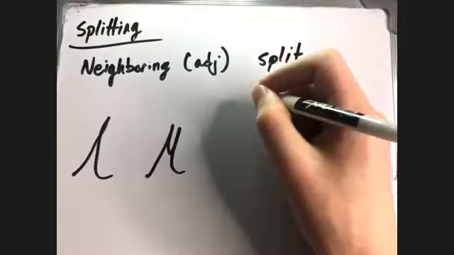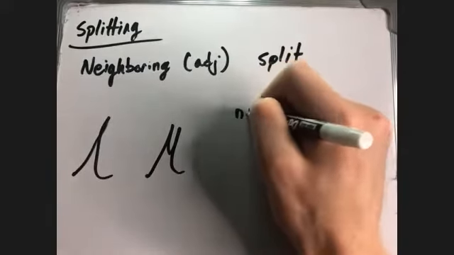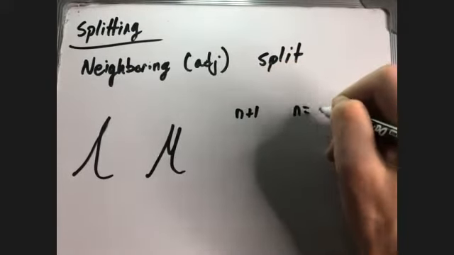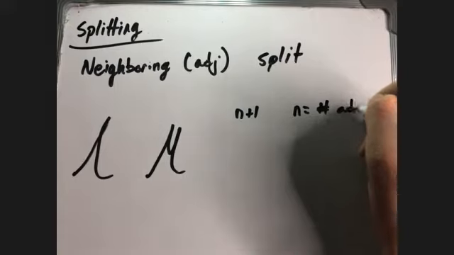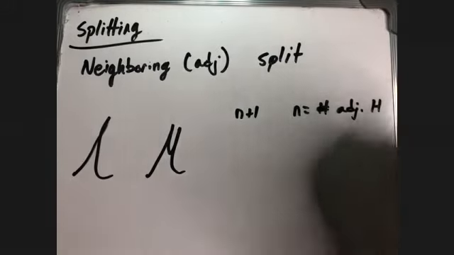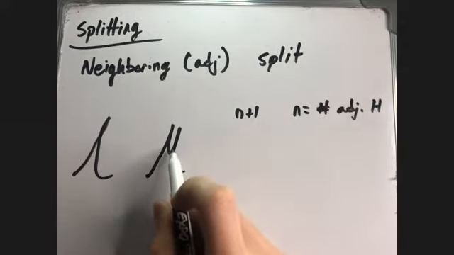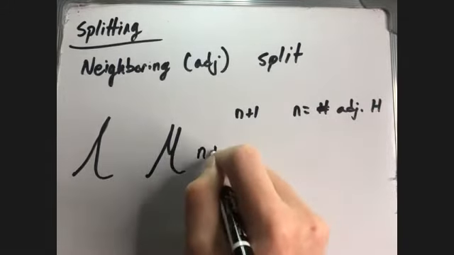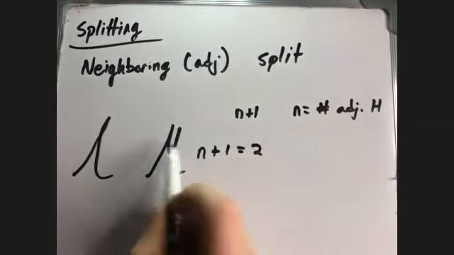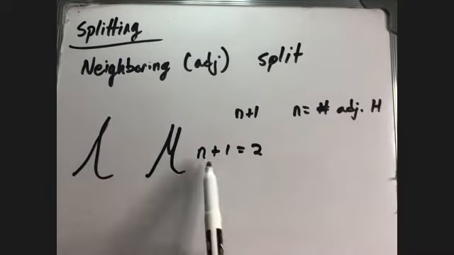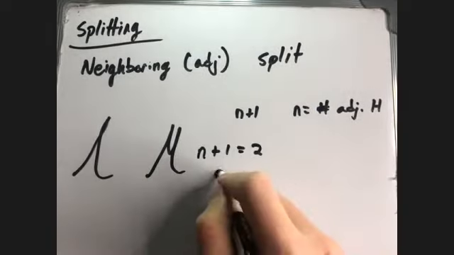So how they split is n+1, where n is equal to the number of adjacent hydrogens. So n+1 is the number of split peaks that you see. So in this case, the total number of peaks, n+1, is 2, because we see 2 peaks here. So the number of adjacent hydrogens to this is 1, because now n equals 1.